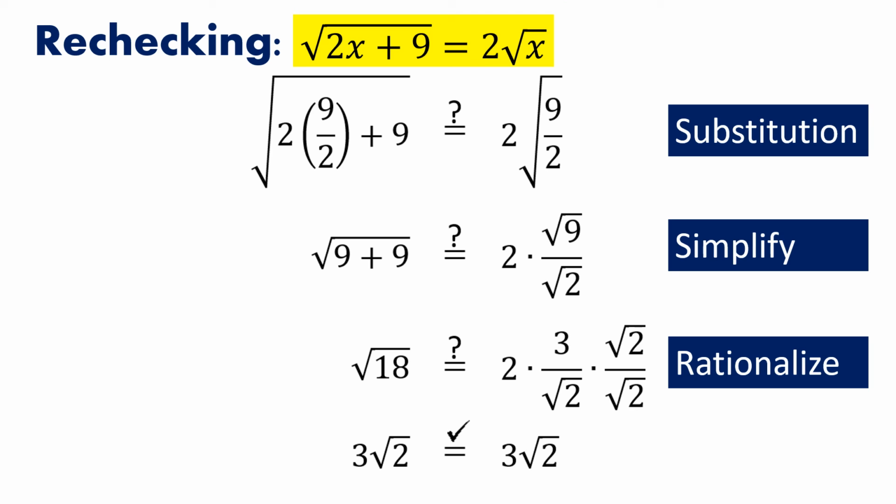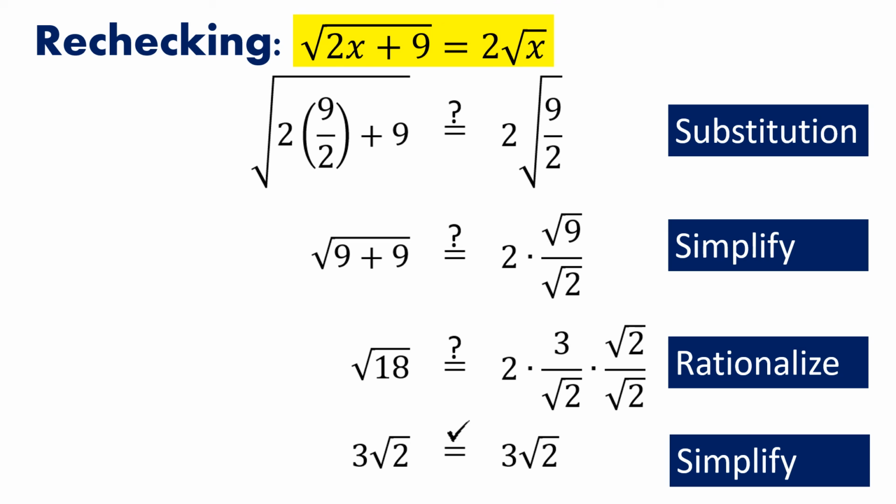We rationalize the denominator. Then simplify. The solution set of the radical equation is the set containing 9/2.